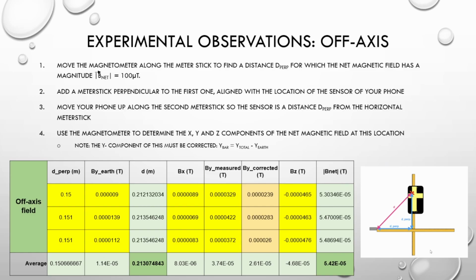For the off-axis measurements, we moved the magnetometer along the meter stick to find a distance d for which the net magnetic field had a magnitude of 100 microtesla.